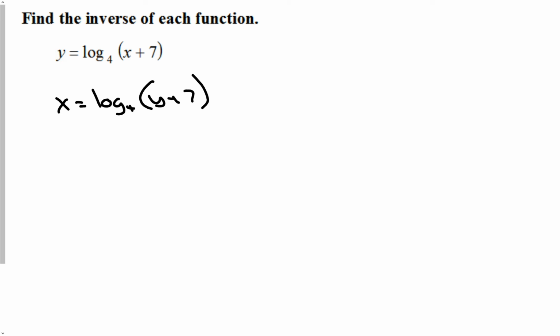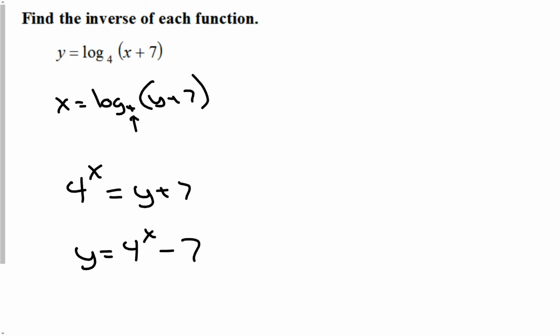Get rid of the word logarithm. And so the way I can do that is by rewriting this as an exponential function. That is my base. The answer to the logarithm is an exponent, and it equals what is inside. And so now I can very clearly have y by itself like that.